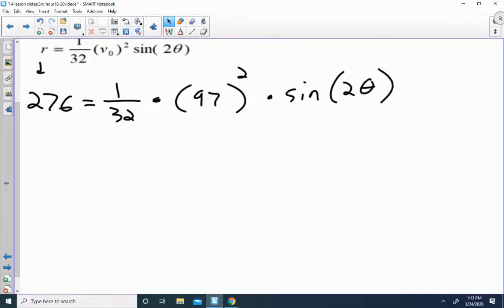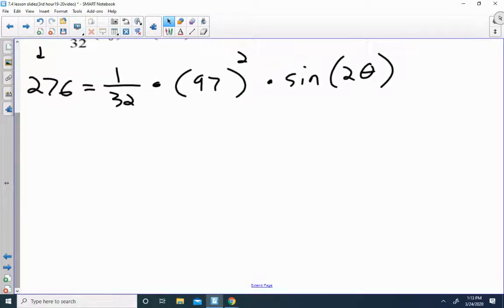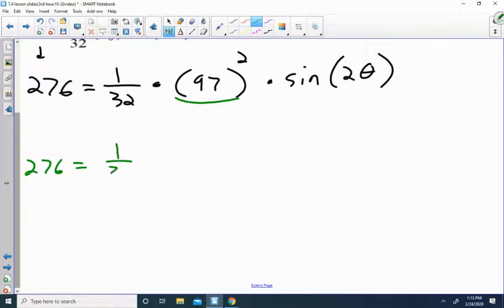For now, let's just simplify what we can. So I'm first going to do 97 squared. So 276 equals 1 over 32, multiplied by 97 squared, which should give you 9409. And that's still going to be multiplied by sine of 2 theta.